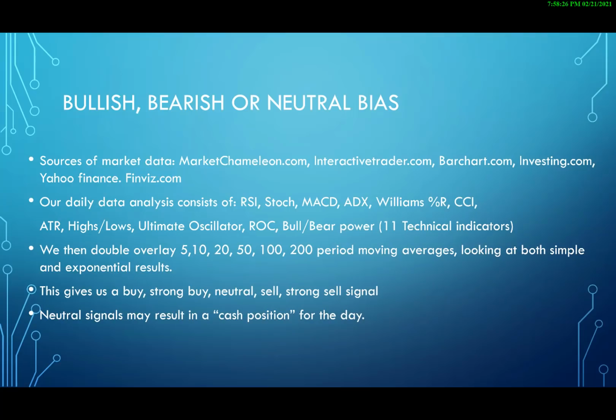And the bottom line reading says that the market is in a buy mode, strong buy mode, neutral mode, sell mode, or strong sell mode. So those are the signals that we will get after all of that analysis is done at the end of the day. And that is when we look to structure ourselves.